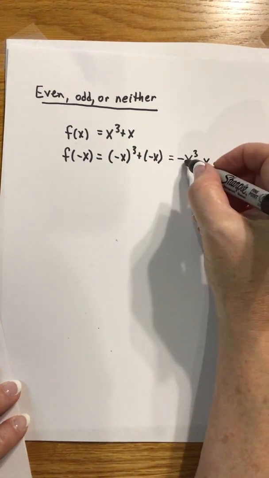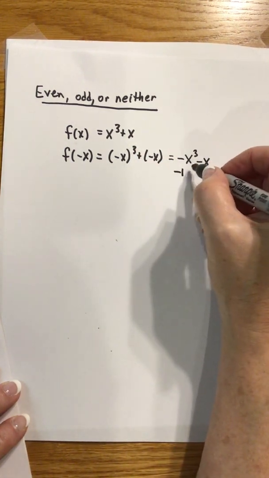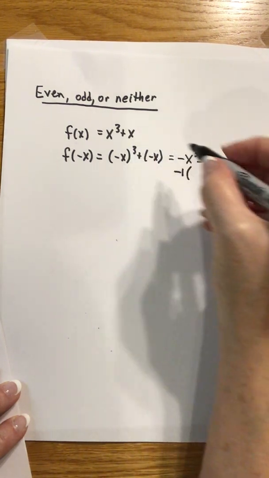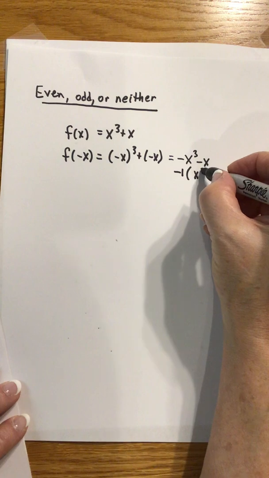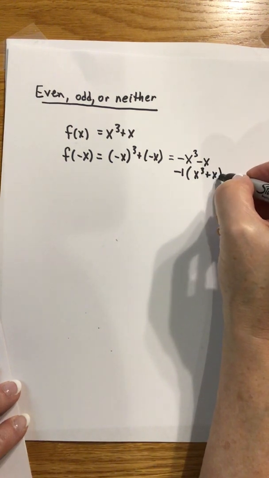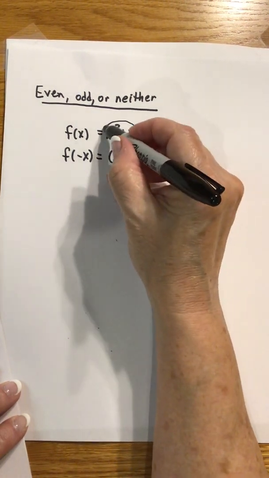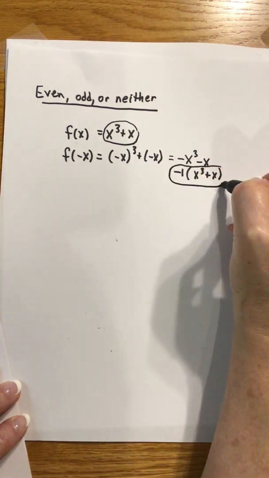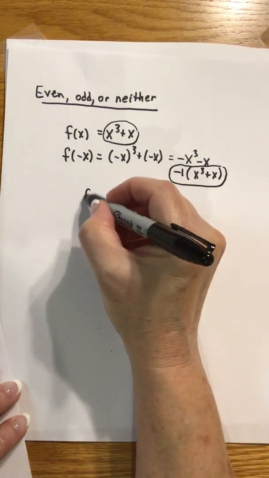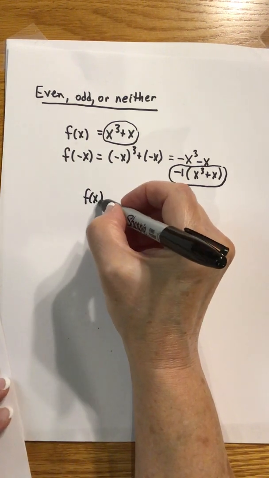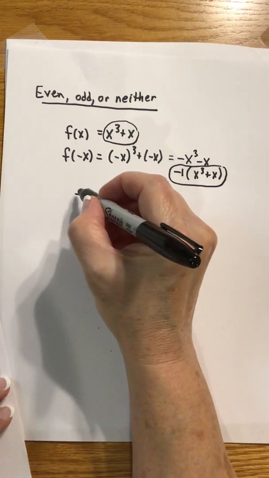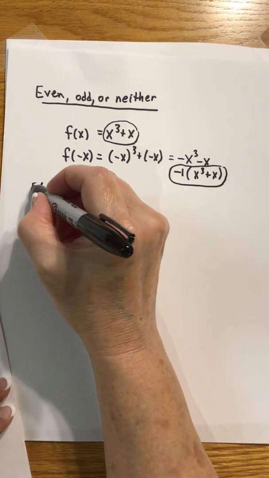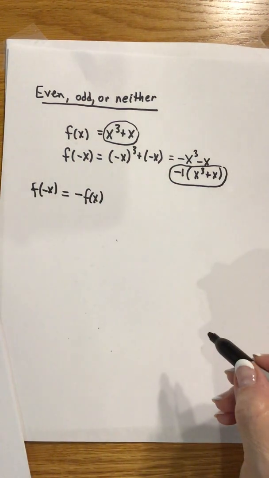See how both of these have a negative? We can distribute out a negative, and we want it to still look like this one. This is going to give me negative times x cubed plus x. So this and this are opposites of each other, right? So f of negative x is equal to the opposite of f of x.